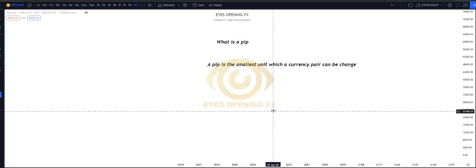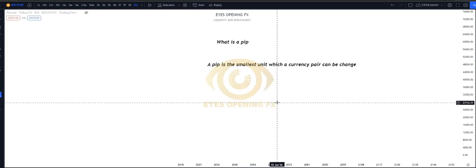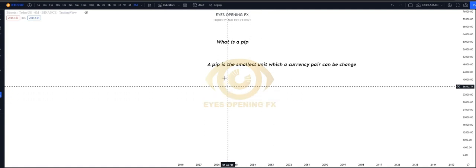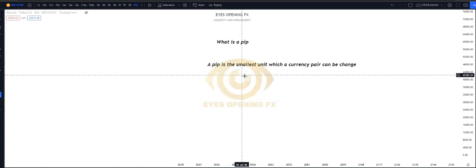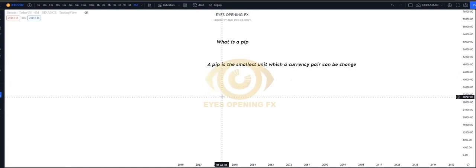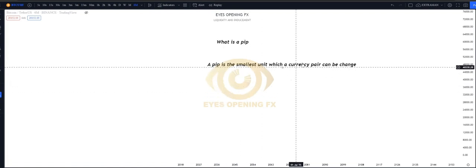That's what we call take profit in the forex market. So these are just the simple terms. This pip we are talking about is a major thing that all currency pairs have.